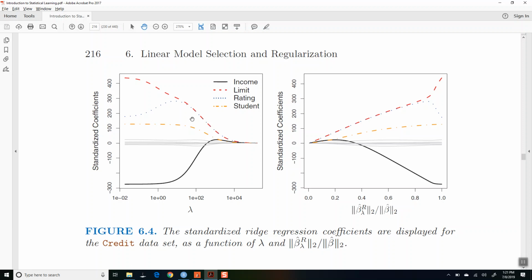Because it's using the squared thing, it prefers things that are more like, quote, a circle. And so rather than having one thing that's huge and one thing that's small, it would rather have two things that are kind of close to each other, right?